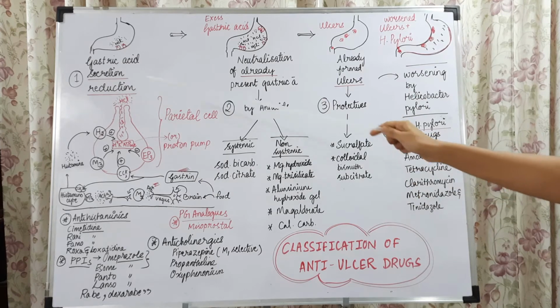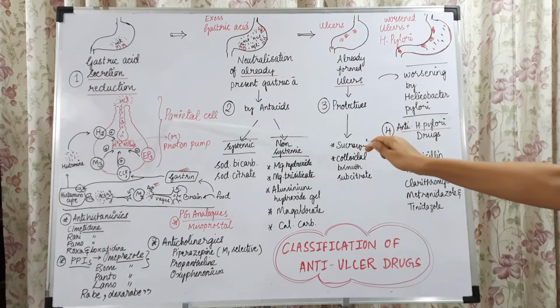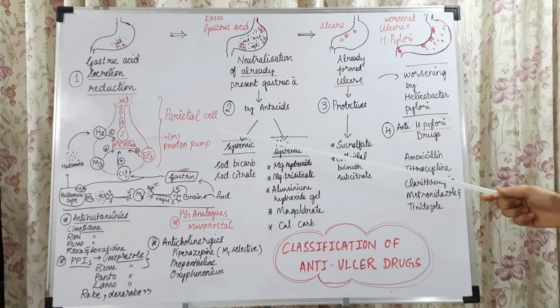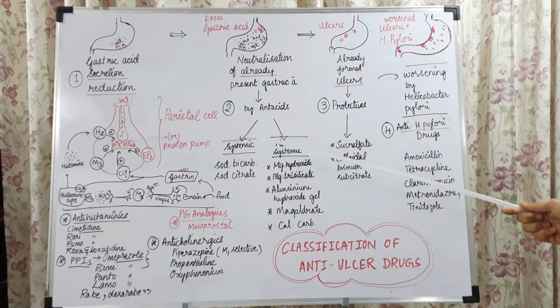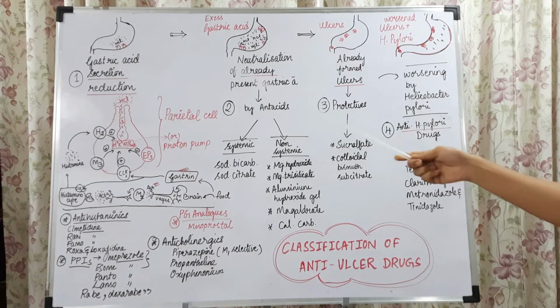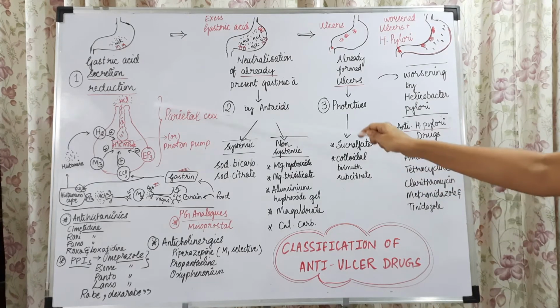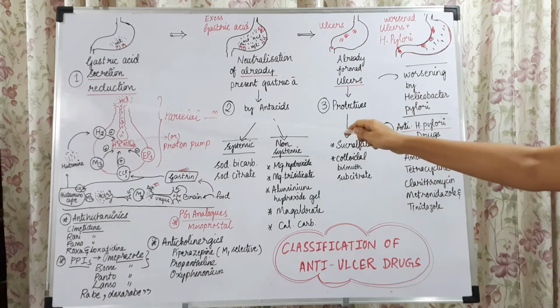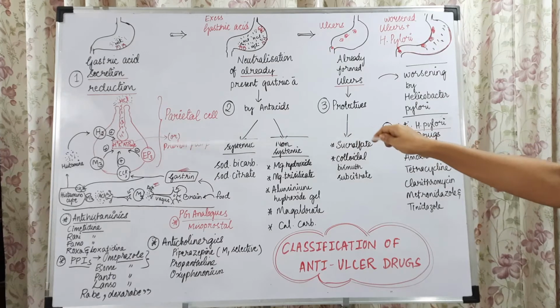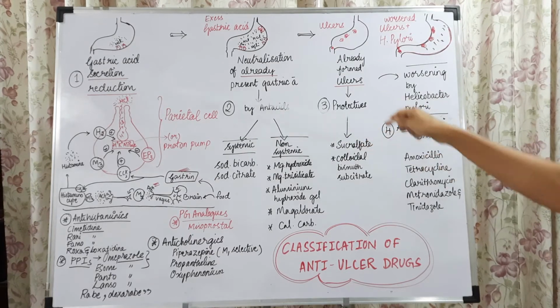All of them have receptors over the parietal cell. With the help of the receptors, they are going to control the gastric acid secretion. So drugs that are acting on these different receptors or on the proton pump itself come under this first category.